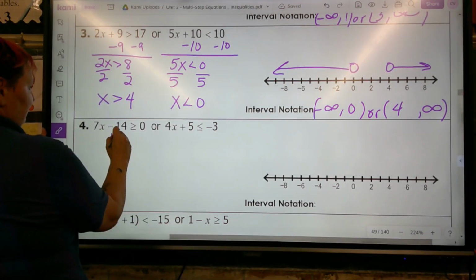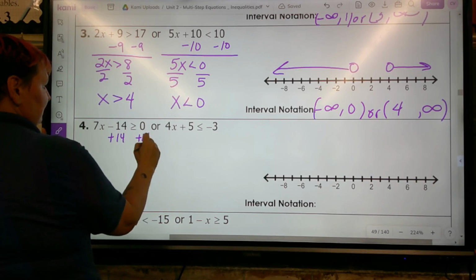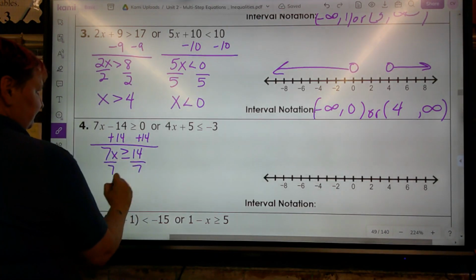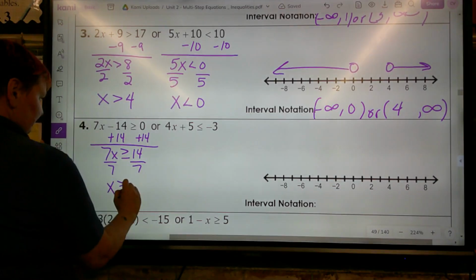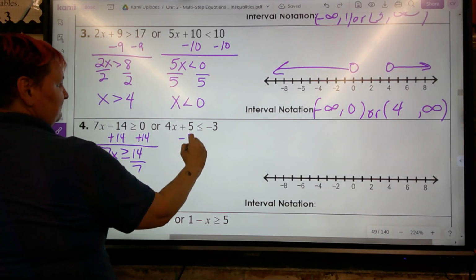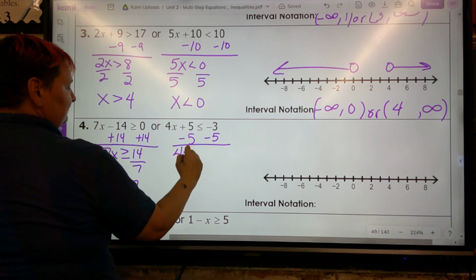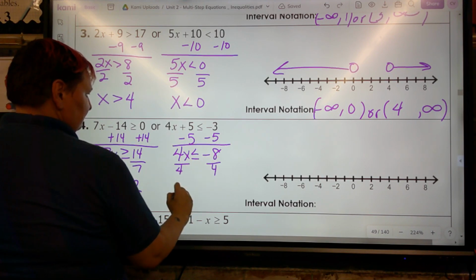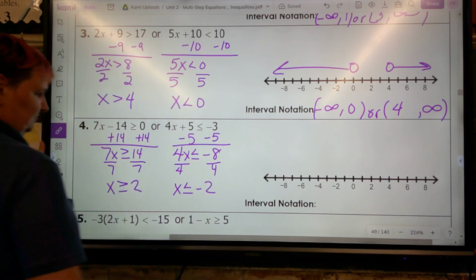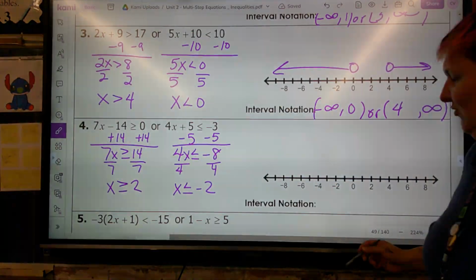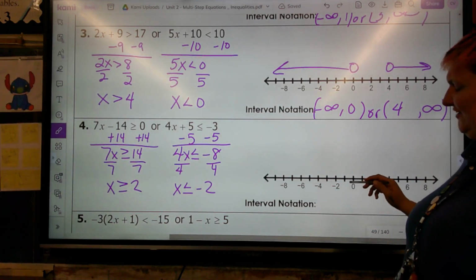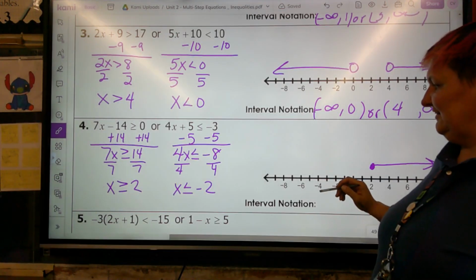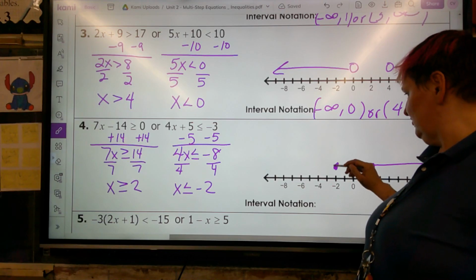Solve the inequality. Interesting. Graph the inequalities. x is greater than or equal to 2, closed circle to the right. x is less than or equal to negative 2, closed circle to the left.